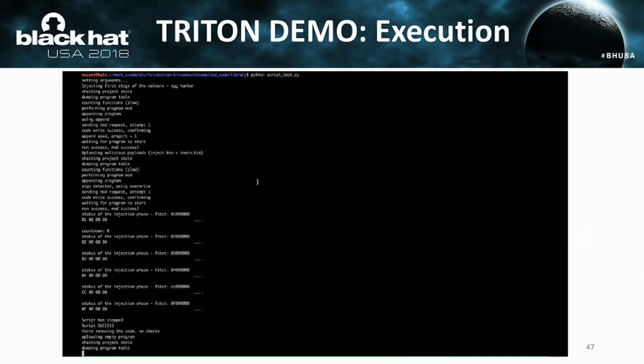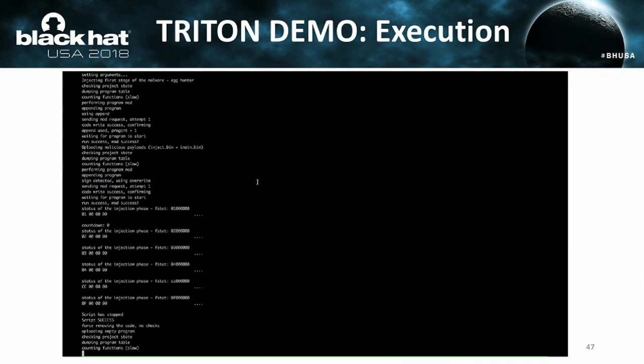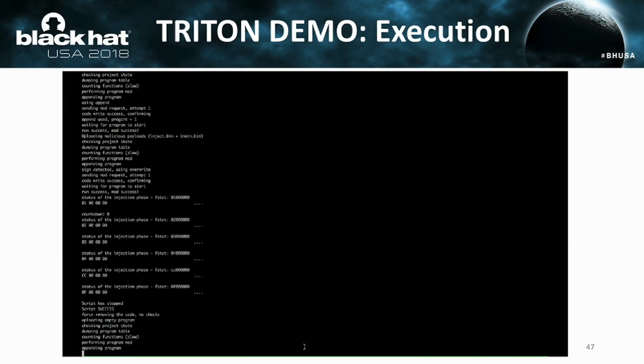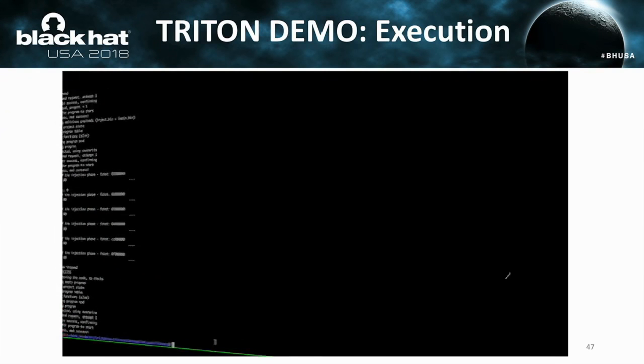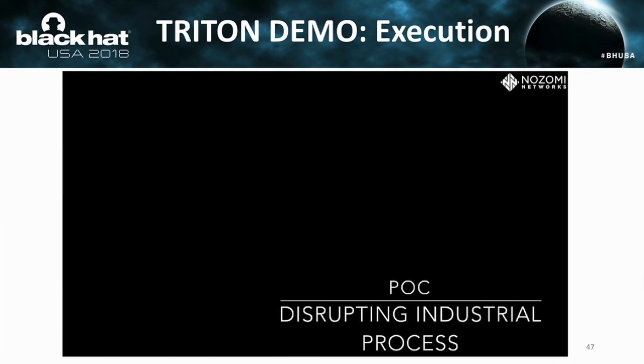So this is the injection of the TRITON. Yeah, this is the real injection of the TRITON. And as you can see, lots of debugging messages keep track of the status of the injection, okay?